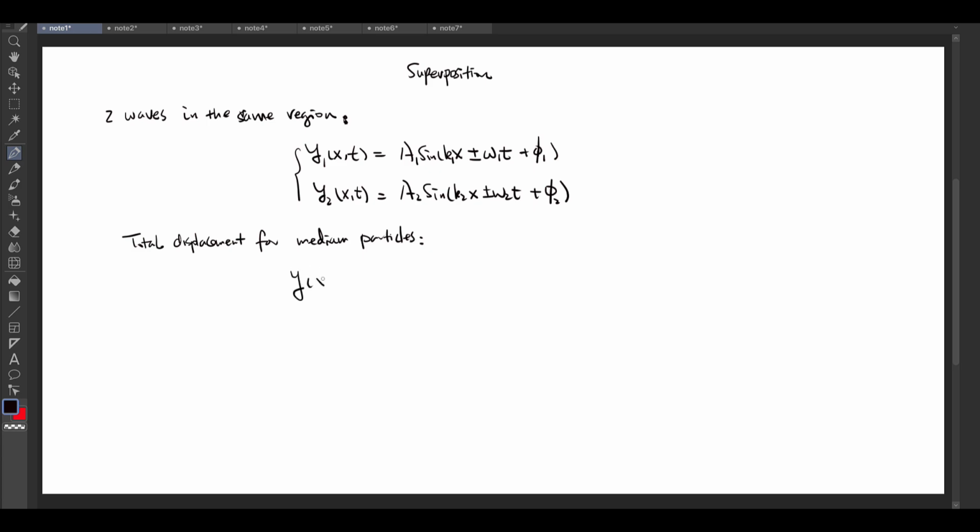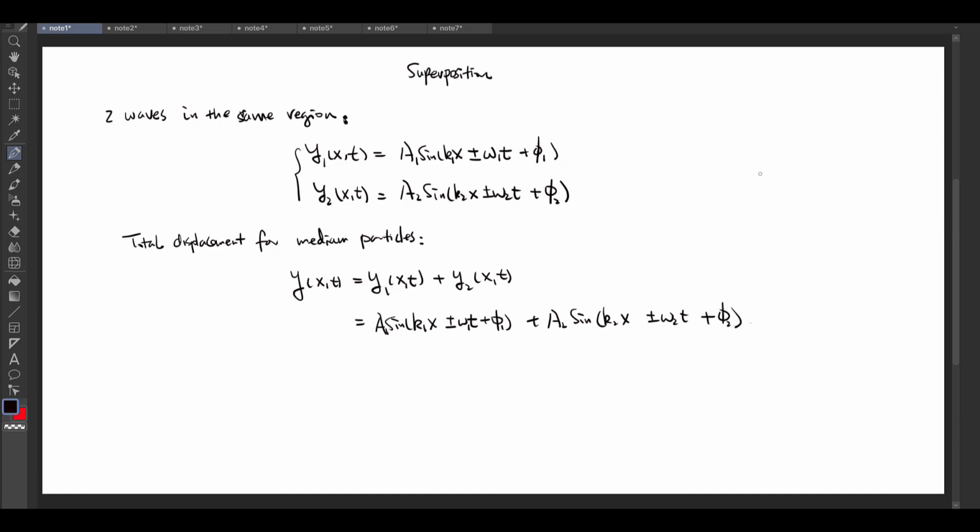It's given by y(x,t) equals y1(x,t) plus y2(x,t). Mathematically, we simply add up these two equations: a1 sine (k1 x minus omega 1 t plus phi 1) plus a2 sine (k2 x plus minus omega 2 t plus phi 2).